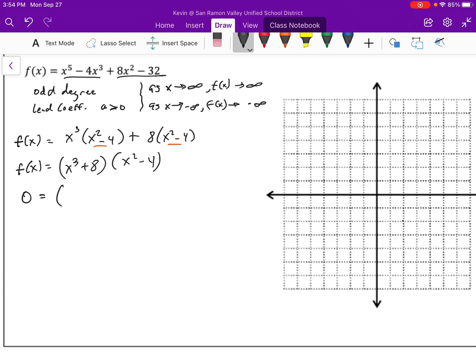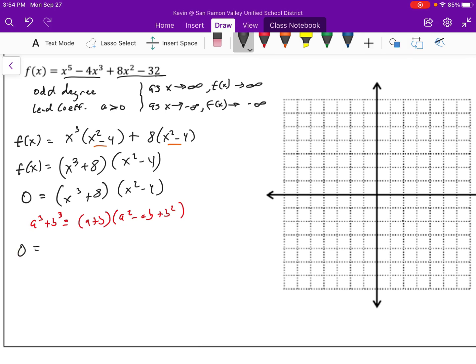Now I'm going to set it equal to 0. There's a rule that you probably don't remember from Algebra 2, but it says if you have a cubed plus b cubed, a way to factor that is a plus b, and then a squared minus ab plus b squared. So why does that matter?